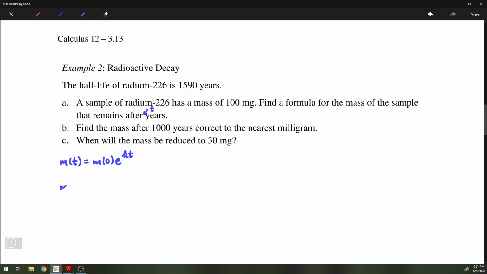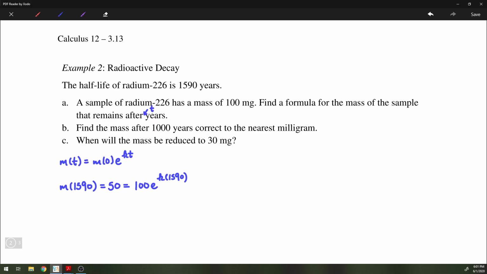So m of 1590 is going to be equal to 50, which is equal to 100 times e to the k times 1590.